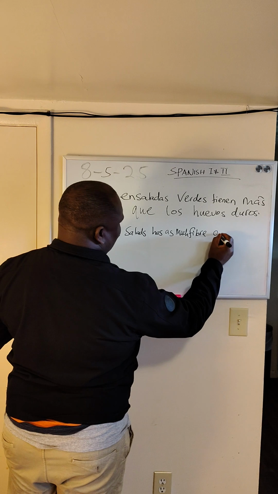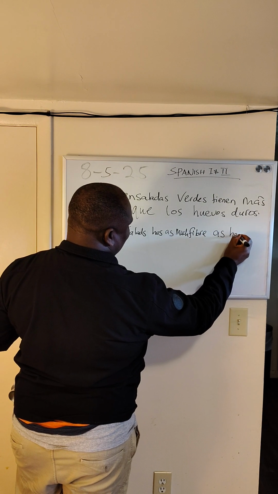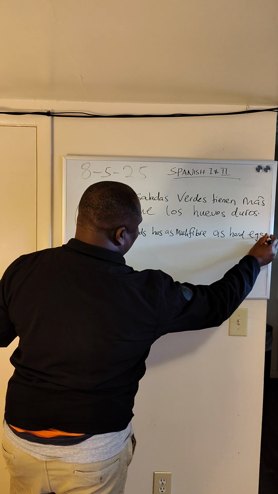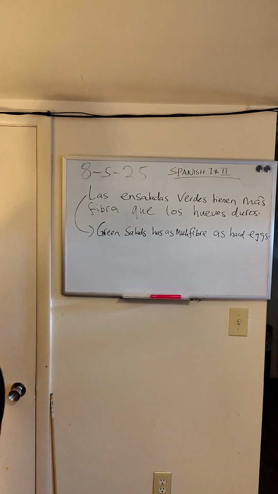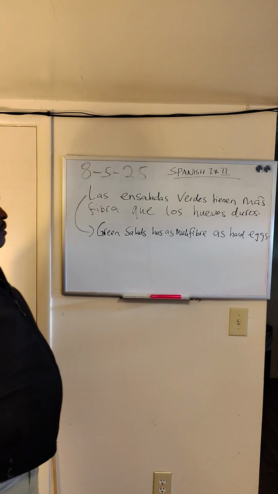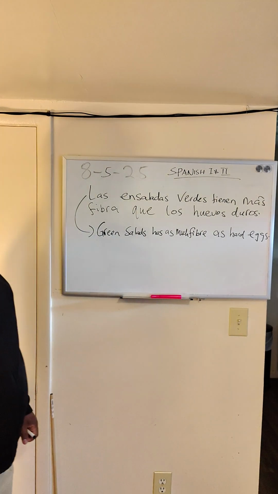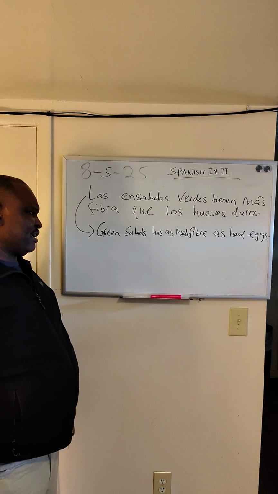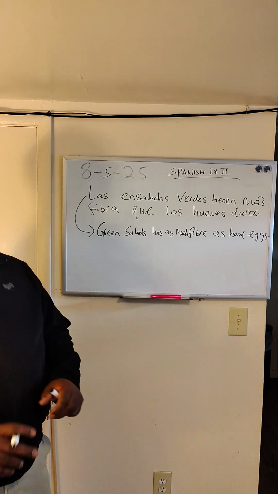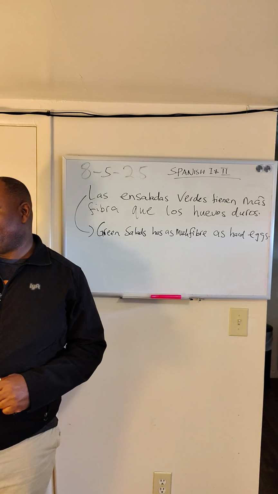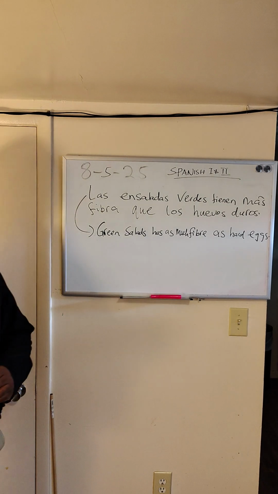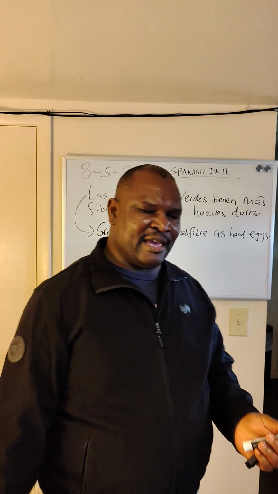So now we got it right. Las ensaladas verdes tienen más fiber que los huevos duros. Green salad has as much fiber as hard eggs.